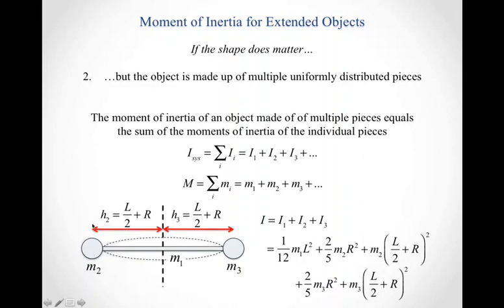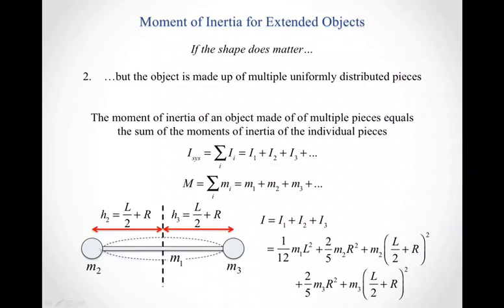The axis that I look up is an axis that runs up and down through the center of the sphere. That's not the axis that this is rotating about, which means I need to use the parallel axis theorem to calculate the moment of inertia for mass 2. The distance h here is half the length of the rod plus the radius of the sphere.